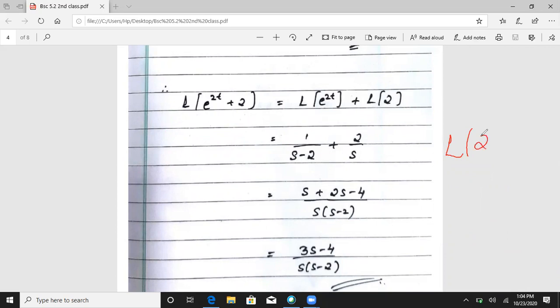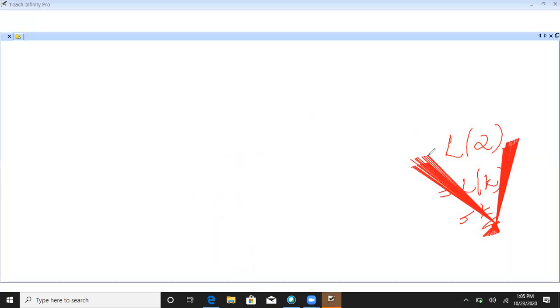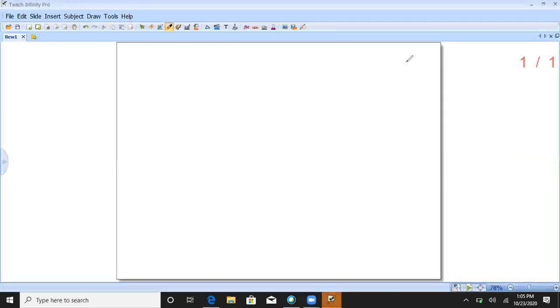Okay, L of 2. We solved L of k is equal to k by s.